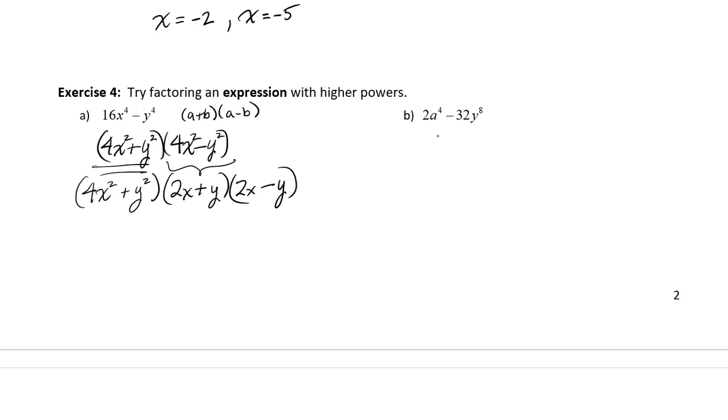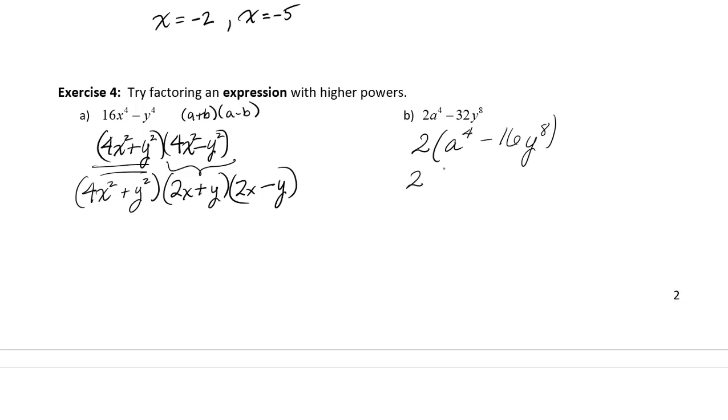This last one here is 2a to the 4th minus 32y to the 8th. And I'm going to factor out a common factor of 2. That will give me an a to the 4th minus 16y to the 8th inside the parentheses. This also has a difference of 2 squares pattern to it.